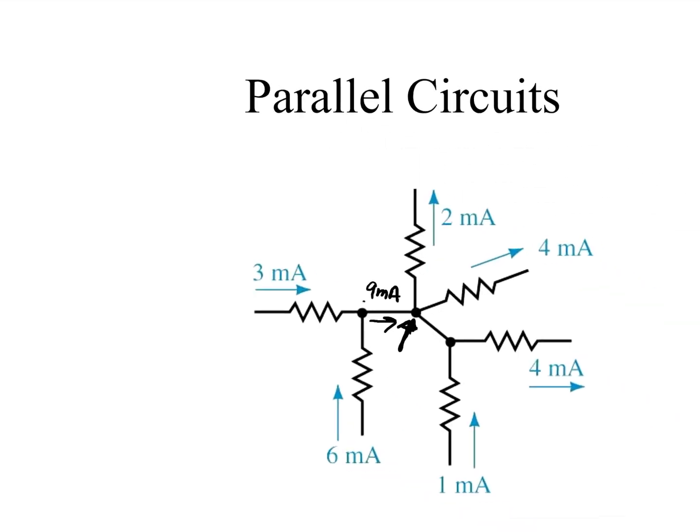We can see a total of 6 exiting here, a 2 plus a 4, and now that leaves one exiting node here of 3 milliamps. And now we have to see if that all balances with this last node. So you've got 3 entering, 1 entering, and 4 exiting. So that means you've got 1 plus 3 equaling 4. So we can see we have balanced nodes.